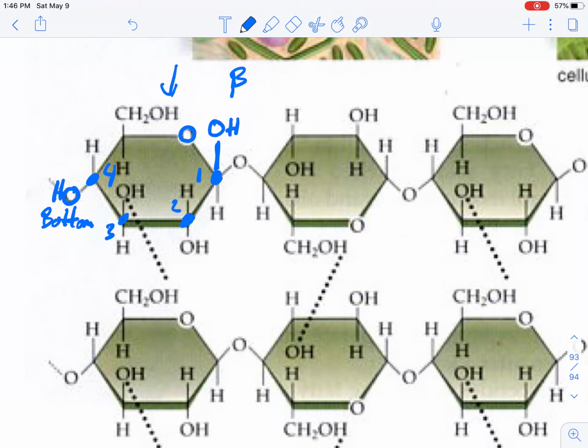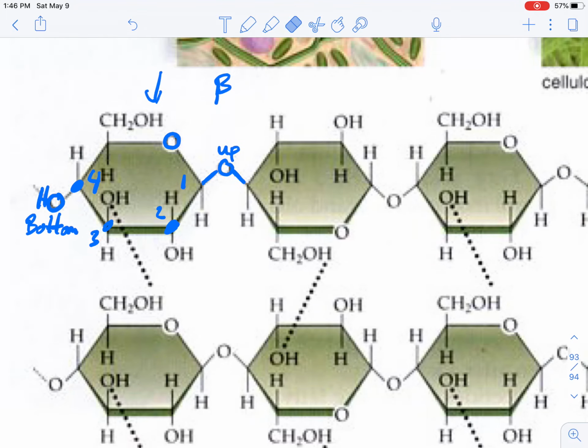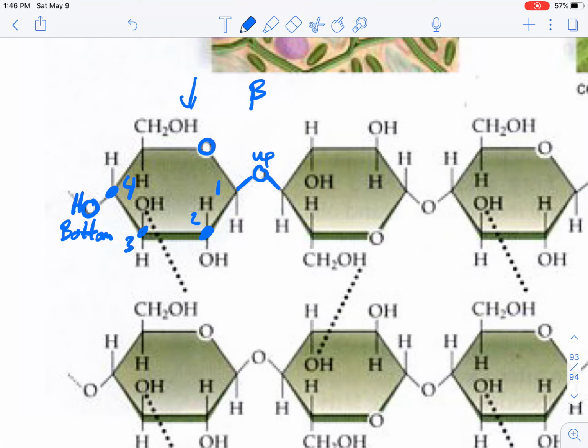I want you to notice that in this cartoon image of cellulose, the glycosidic bond is pointing up. The only way that's possible is if carbon number 1 and carbon number 4 have hydroxyl groups that are both pointing up, in other words, parallel to each other.